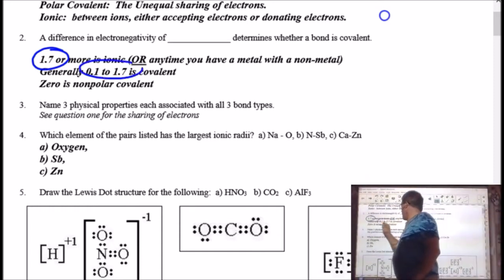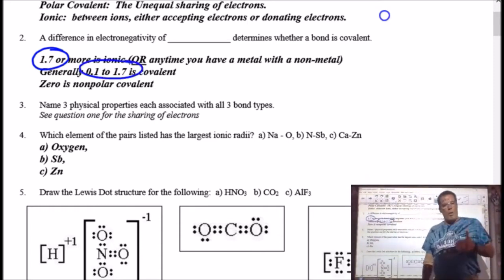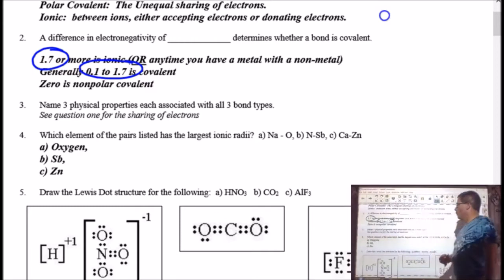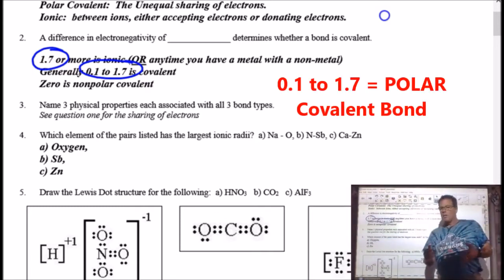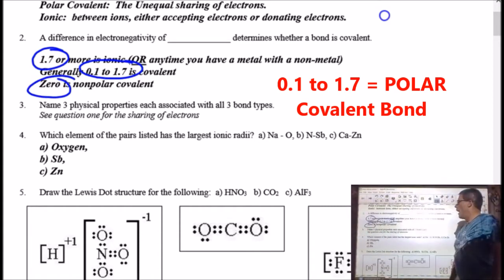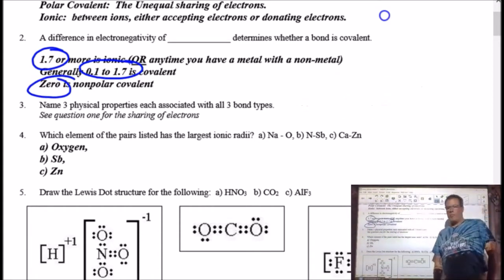If the difference in electronegativity is generally between 0.1 and 1.7, and you do not have a metal bound to a nonmetal, then we say that that's a covalent bond. And if we have 0, then that means that we have a nonpolar covalent bond.